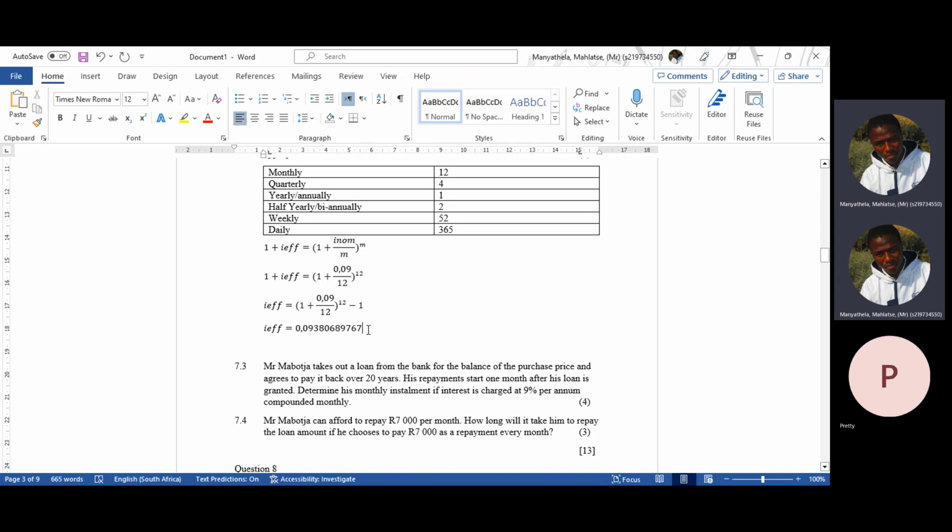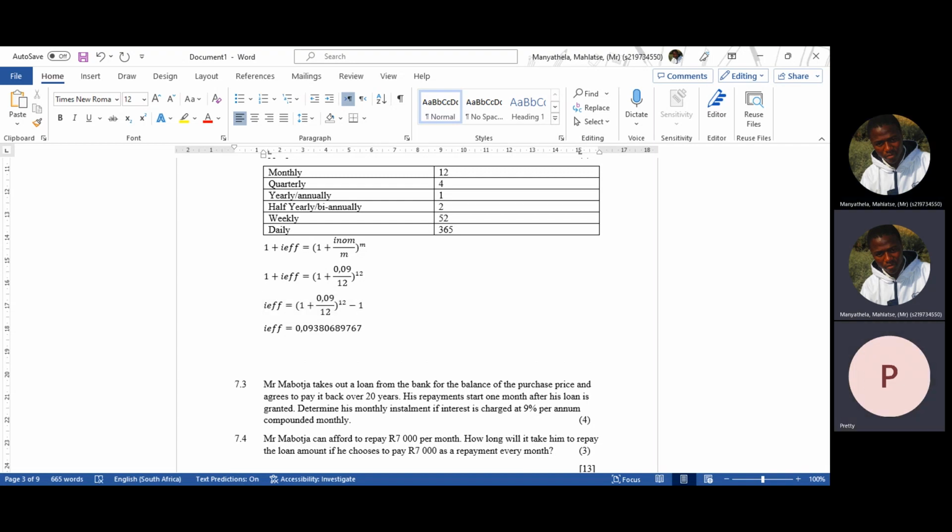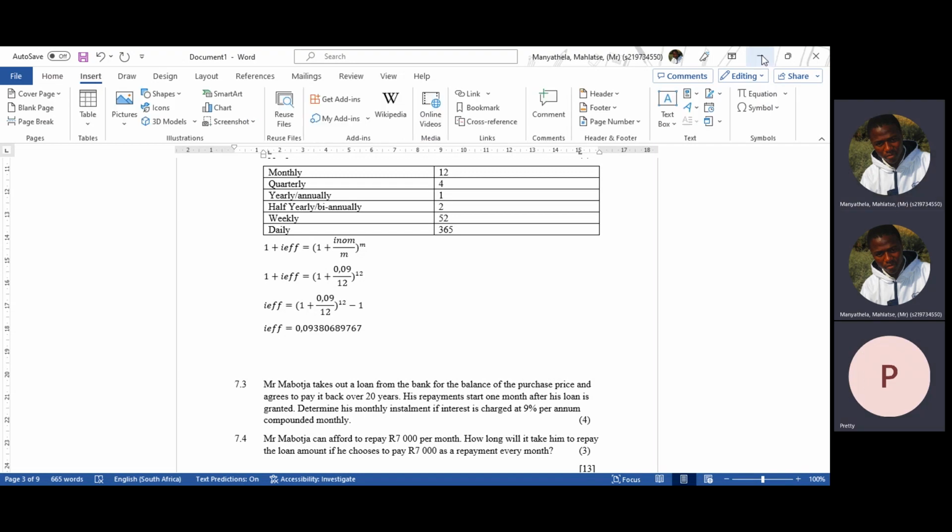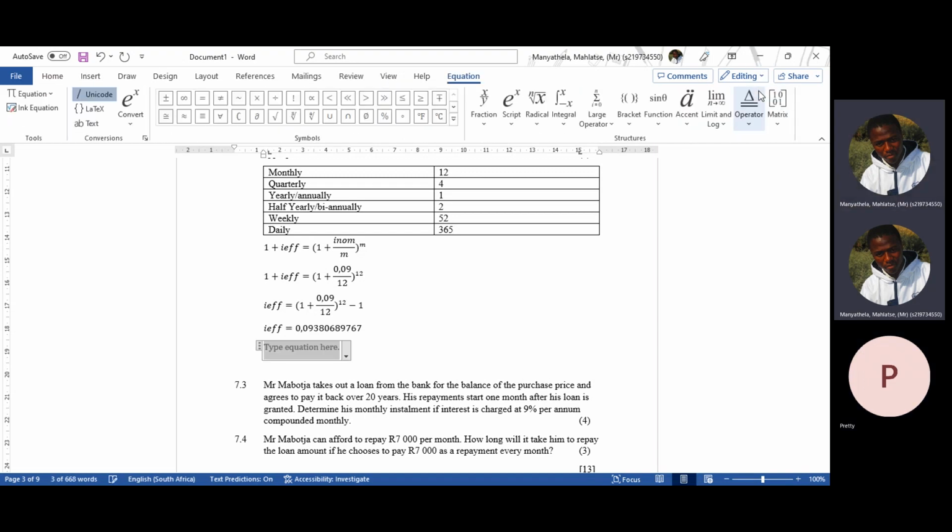So convert it to a percentage by multiplying the amount that you got by 100. If you multiply it by 100, it gives me 9.38 as it continues.